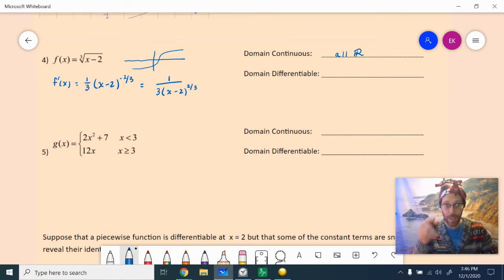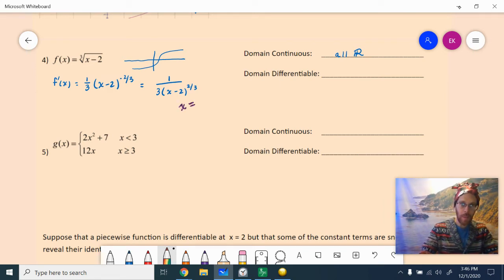Now look at that derivative. I see an x value that if we plugged it in, is impossible, undefined. And that value is when x is equal to 2, right? If you plug a 2 into this, do you see that you're going to get 1/0?